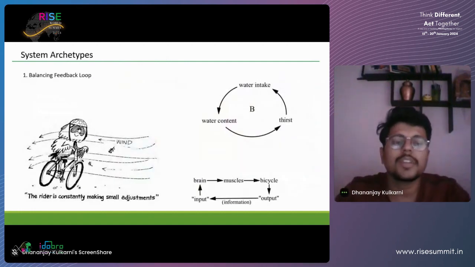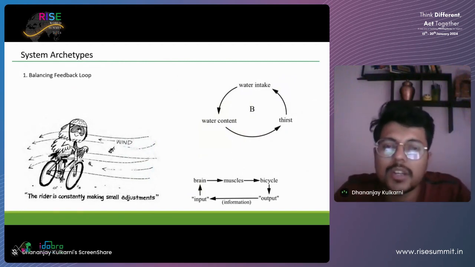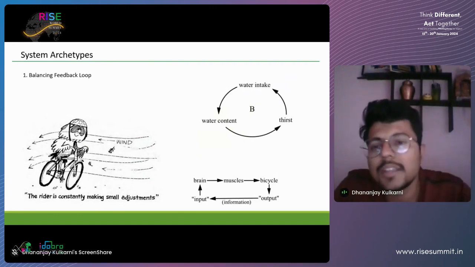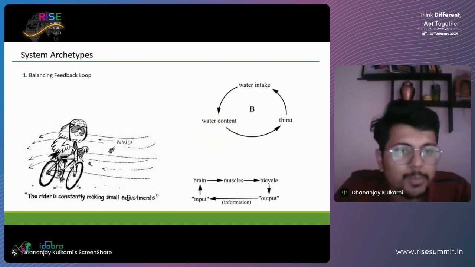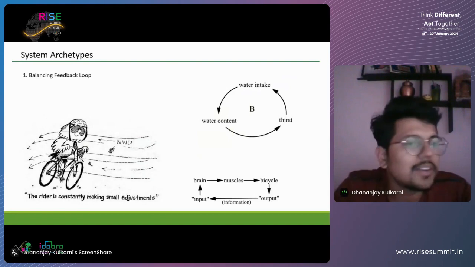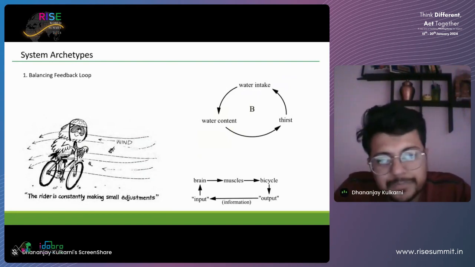Now, to make sure that you also get it, what I talked about with the archetype and the feedback loop, I have taken one example. Let's understand one balancing feedback loop. I'm sure all of you have learned to ride a bicycle, right? Maybe when you were 8 or 10 years old.